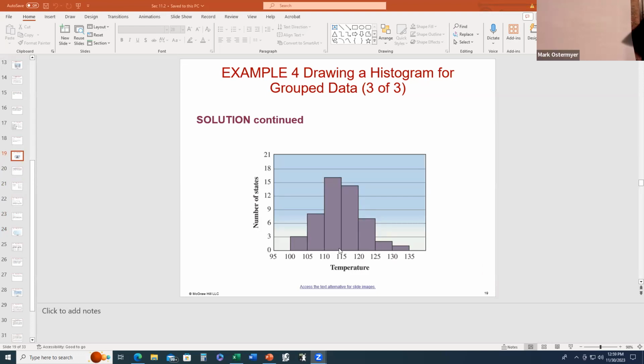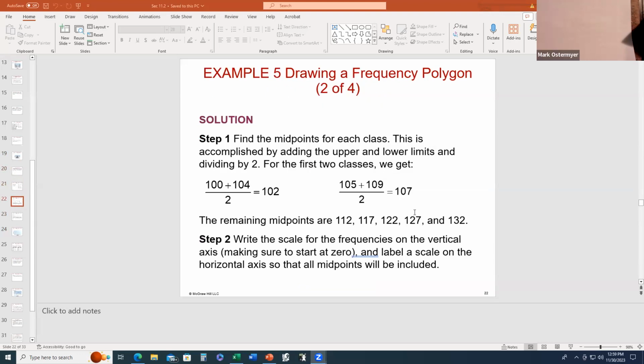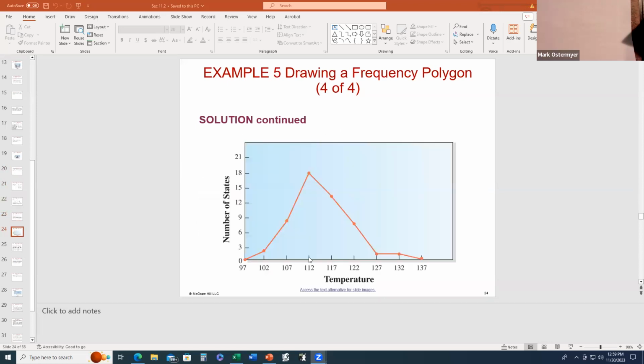It looks like the most frequently occurring record high temperature was between about 110 and 115 degrees. Same thing here, about 112 degrees, which is between 110 and 115 degrees. So the relative shape remains about the same between a frequency polygon versus a frequency histogram. Obviously, the histogram uses bars and a polygon doesn't use bars, but we can still determine the same information in a general sense from both graphs. Okay.